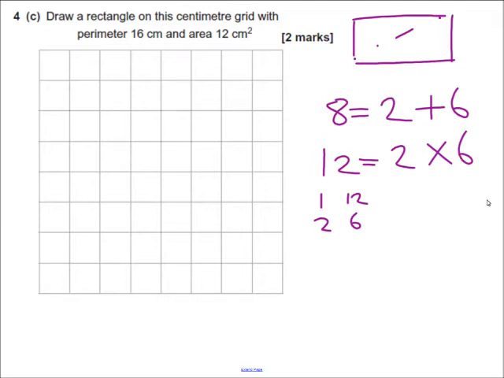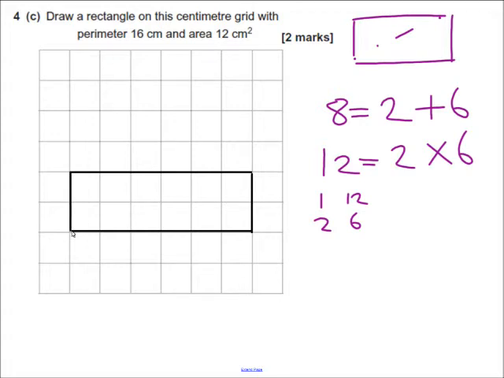So our base, or our length, is 6 centimetres. 1, 2, 3, 4, 5, 6. And our height is 2 centimetres. 1, 2. Again, the top of our rectangle is 6. And our width, or our height again, is 2.